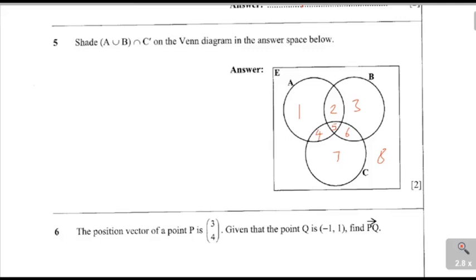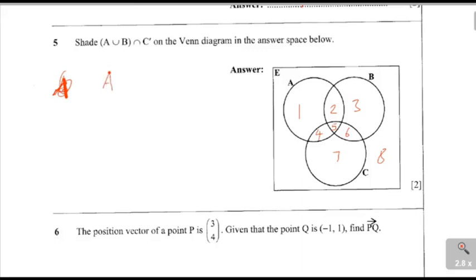So what you do, since you have A union B, you start with A. Let's regard this.